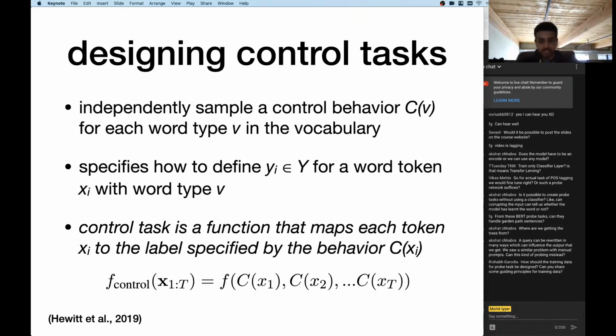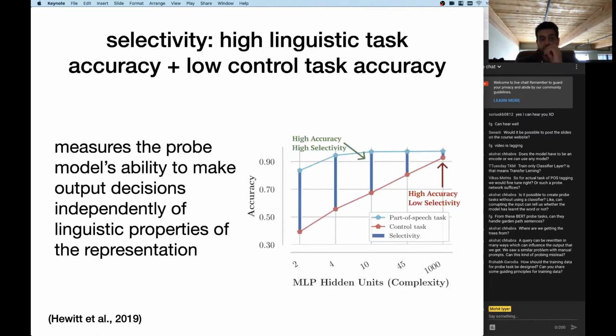This is just a description of what I just said. We're making this kind of control task where the behavior is different and random instead of defined by a part of speech. The findings from this kind of control probe are that there are two things about a probe task that you care about.